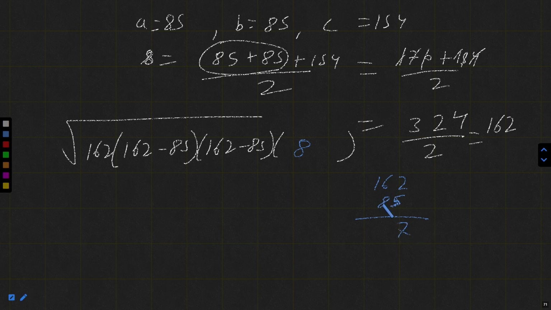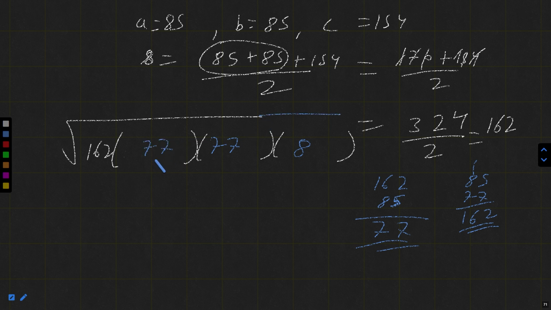So 162 minus 85 is 77, and 162 minus 154 is 8. So it is 77 here, 77 here. Okay, I hope this is clear.